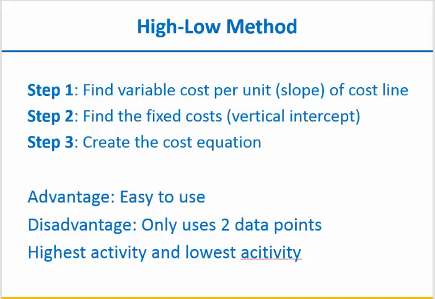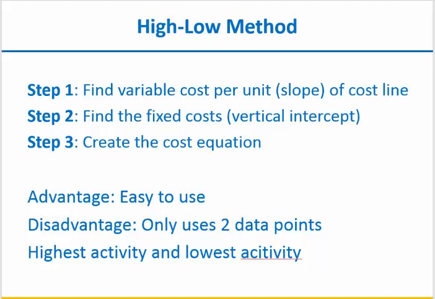I introduced the cost line in the prior learning objectives. The cost line is a straight line, a cost equation we can use to study the cost according to whatever volume data. The next step is to find the fixed cost, which gives you the vertical intercept. The last step is to create the cost equation.